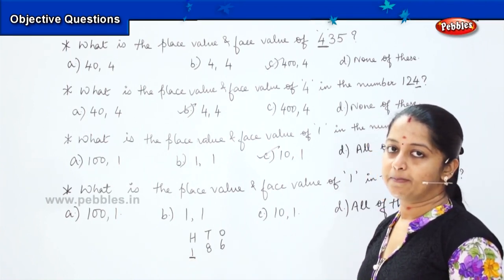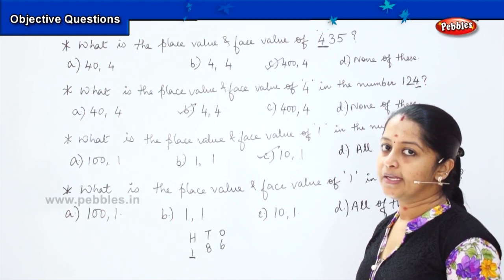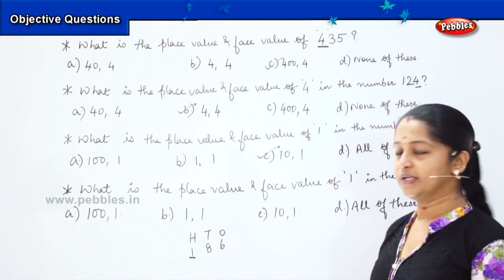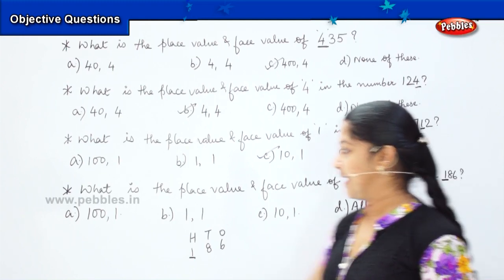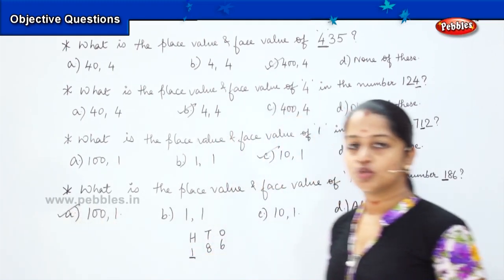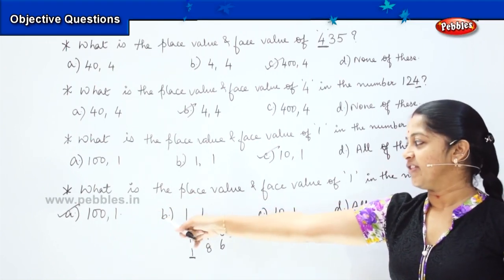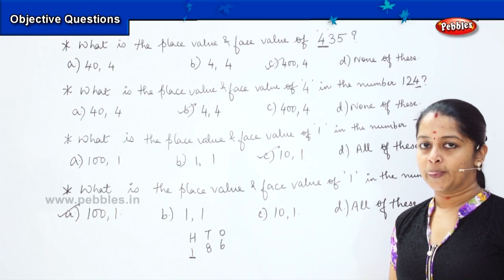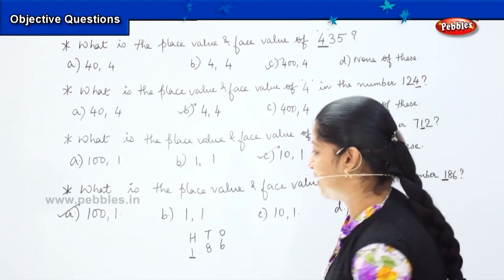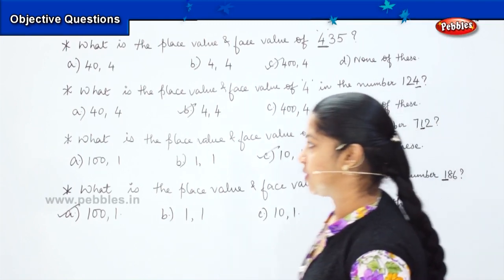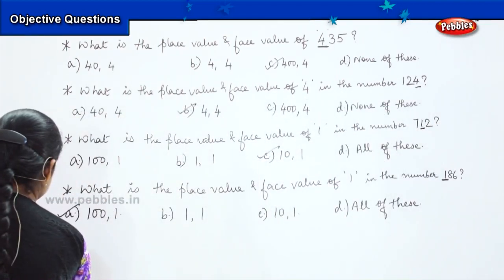It remains the same, right? So my answer should be 100, 1. And where can you see that option? Yes, it is option A. So my answer for this question is place value will be 100 and my face value will be 1. Clear? Shall we do the last question of this pattern? Okay. So here comes my next question.